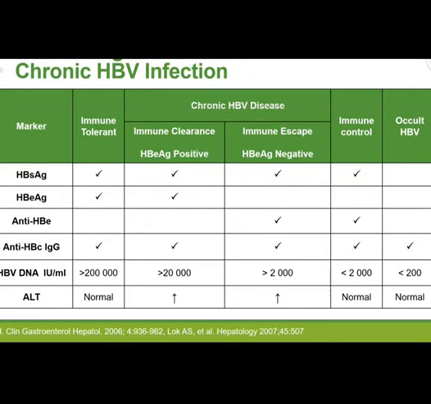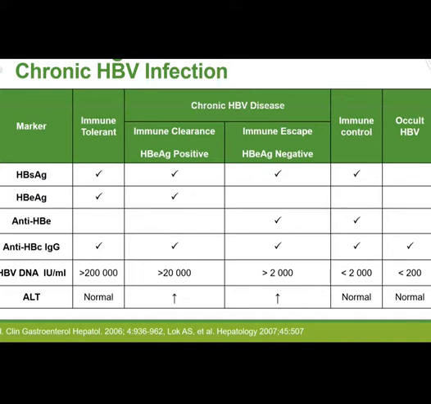This table is showing some immunological markers with the chronic hepatitis B infection stages. You can see that hepatitis B surface antigen is present in the immune tolerant state, and the immune clearance stage it's also present, and in the immune control stage it is also present. Before going further, the immune tolerant stage is basically hepatitis B E antigen positive.